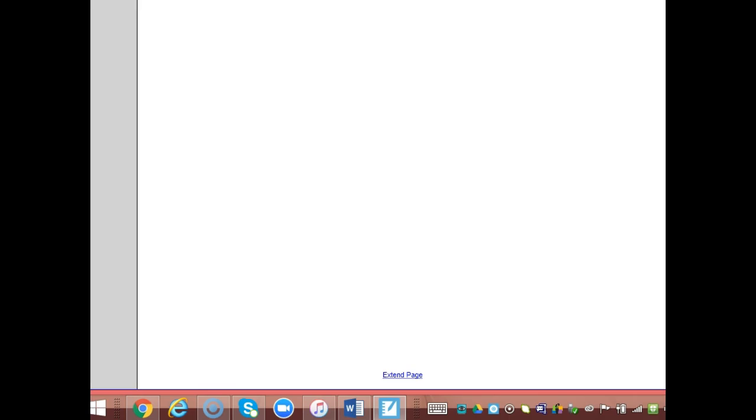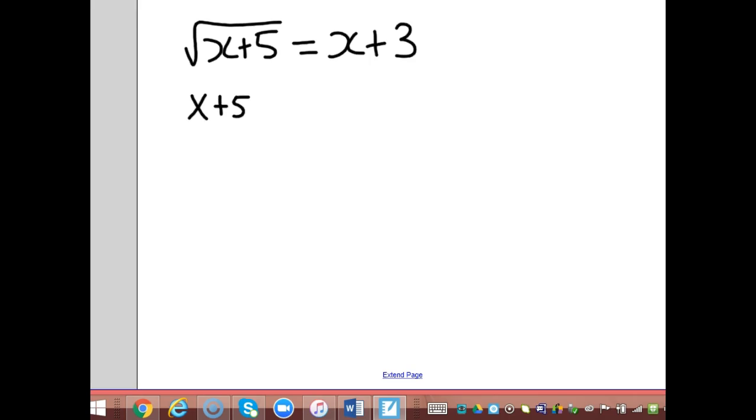So if I look at example 2 on page 92, it's solving radical equations. And basically all we're doing is solving for x. So if I have something like this, I might want to start with saying, do I have any restrictions or non-permissible values? So anything under the root, remember, can't be less than 0. So I have x plus 5 has to be greater than or equal to 0.